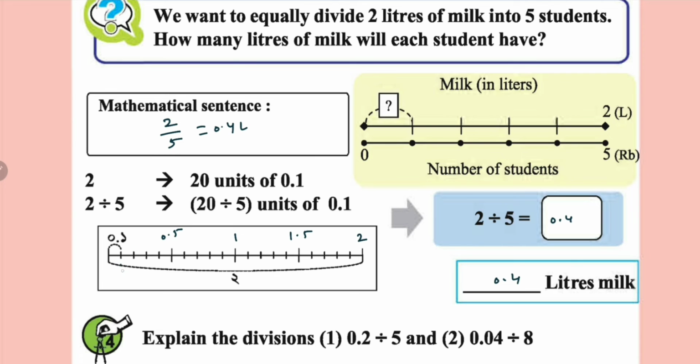So this is 1, this is 2, right? 2 by 5. 0.1, 0.2, 0.3, 0.4, 0.5.